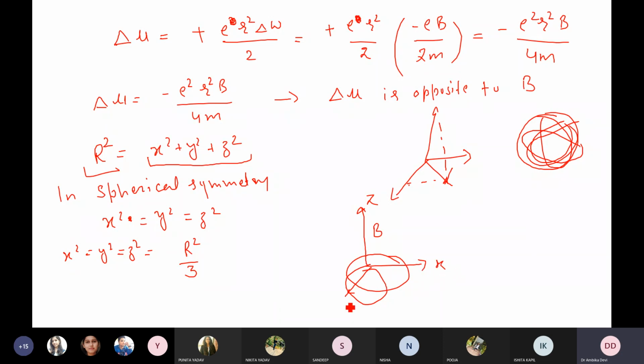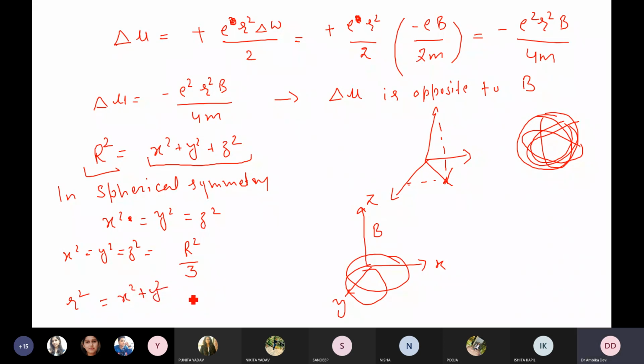So the orbitals are lying in the x and y direction, whereas in the z direction there is no orbital at all. Okay, so in that situation, if r is the average radius of the orbitals lying in the x and y plane, then r square must be equal to x square plus y square.